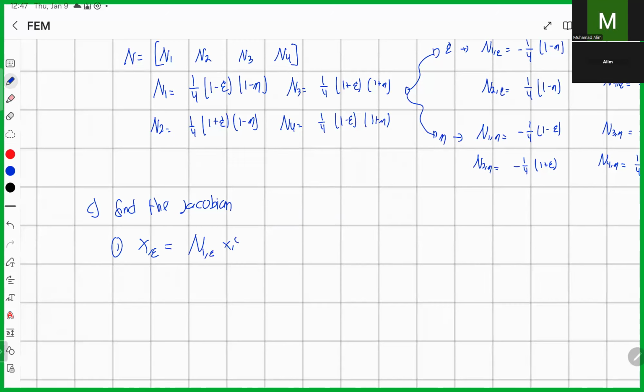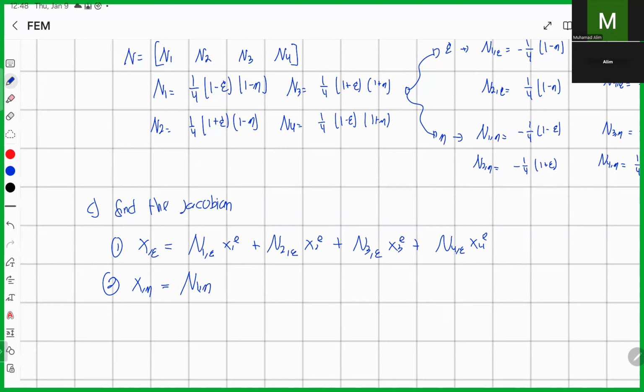N1 xi x1 plus N2 xi x2 plus N3 xi x3 plus N4 xi x4, correct? And then x eta, it's the same.